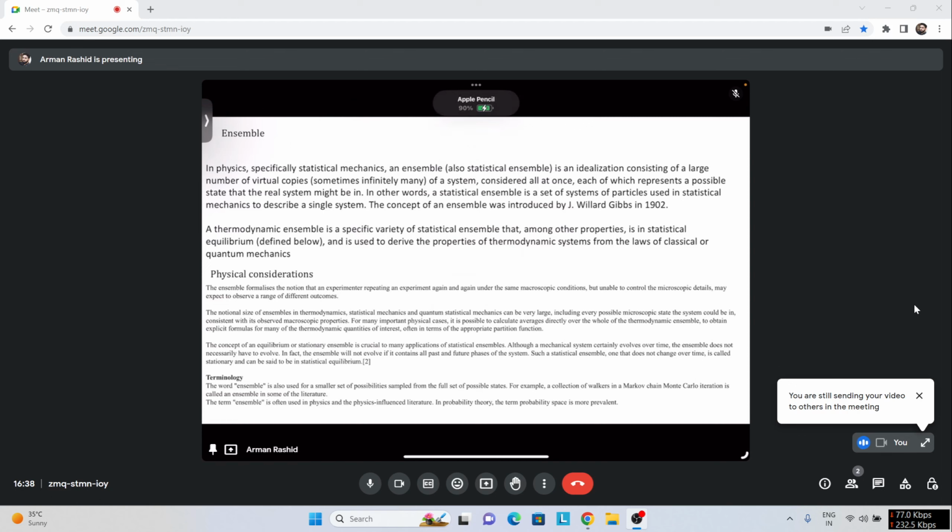So the idea is that an ensemble is a collection of states which represents all the microstates present in a system. If we take an average over an ensemble, we can determine the average thermodynamical properties of a system.